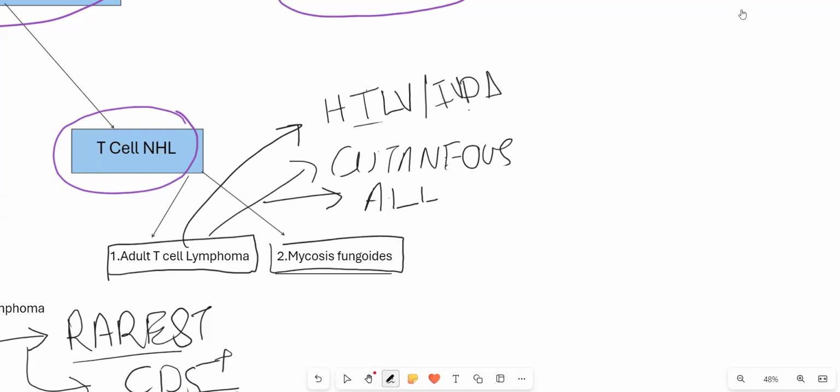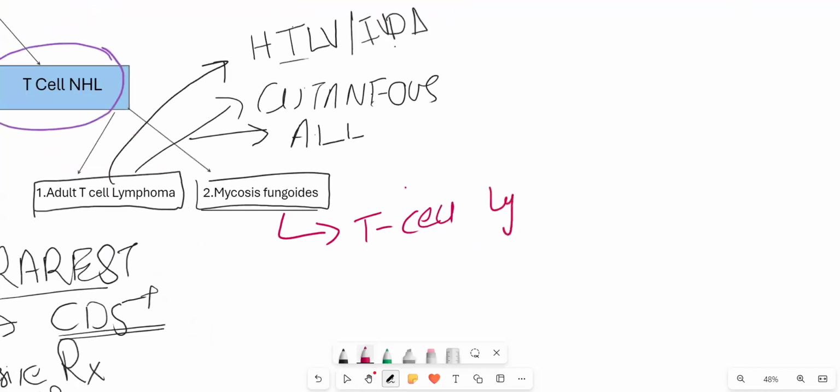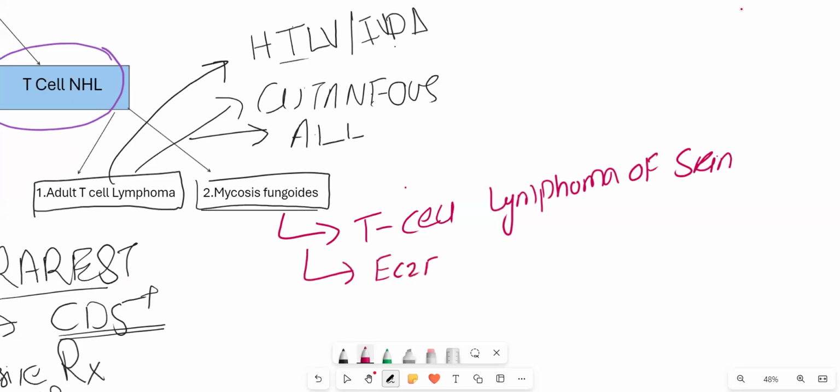Next is mycosis fungoides. Mycosis fungoides is basically the T cell lymphoma of the skin. It presents as an eczema-like lesion and pruritus; itching is a common presentation.